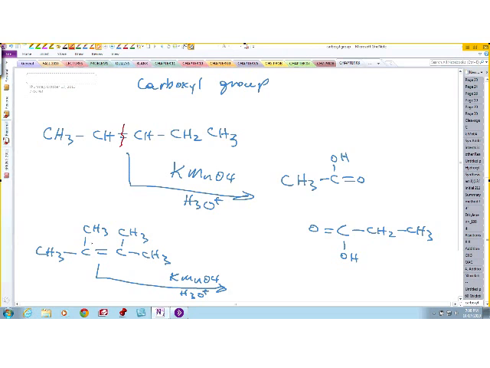If you cleave right here, what kind of compound are we going to form? Ketone. The ketone that we form on this side will be the same as the ketone on this side, because we have a symmetrical molecule. So this is the product we are going to get. So we are going to get two molecules of that.